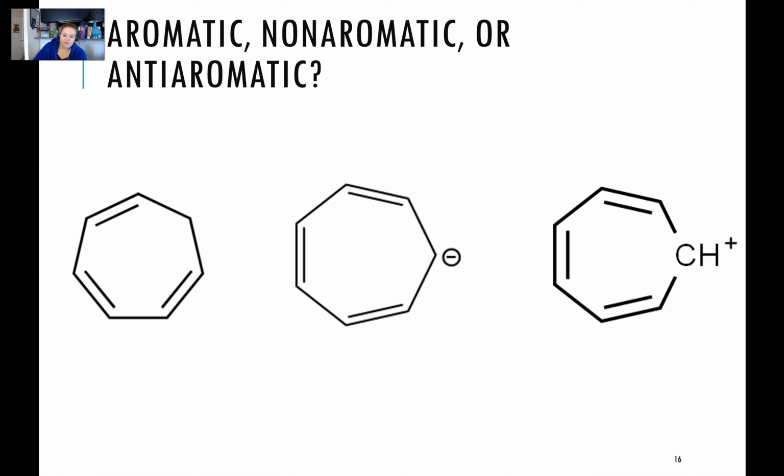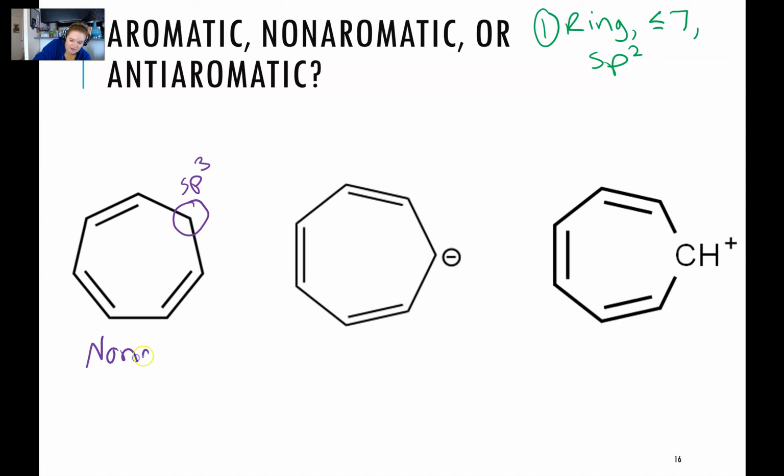So our first rule: ring, less than or equal to 7 carbons, and sp2 hybridized all the way around. When we look at this first one, we have a ring, we have 7 carbons, but because we have this sp3 carbon, it fails rule number 1. So this is a non-aromatic compound.